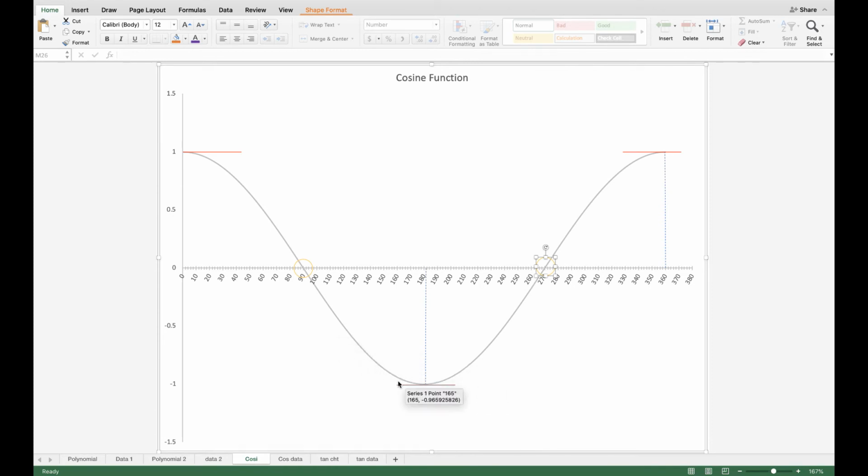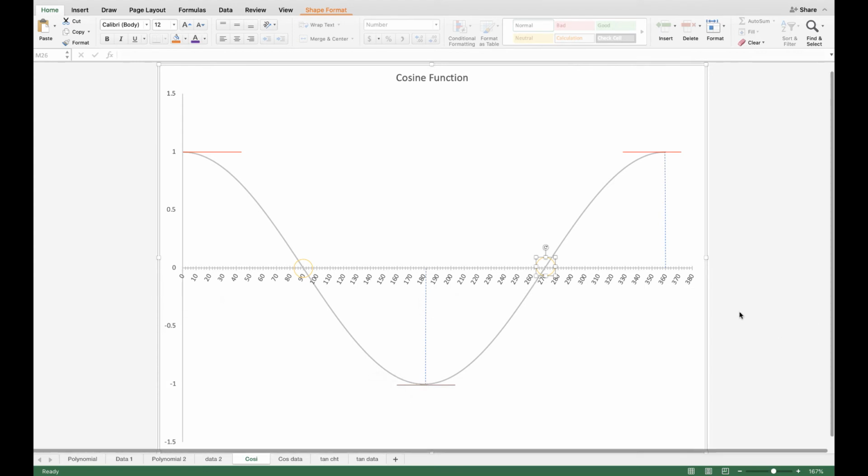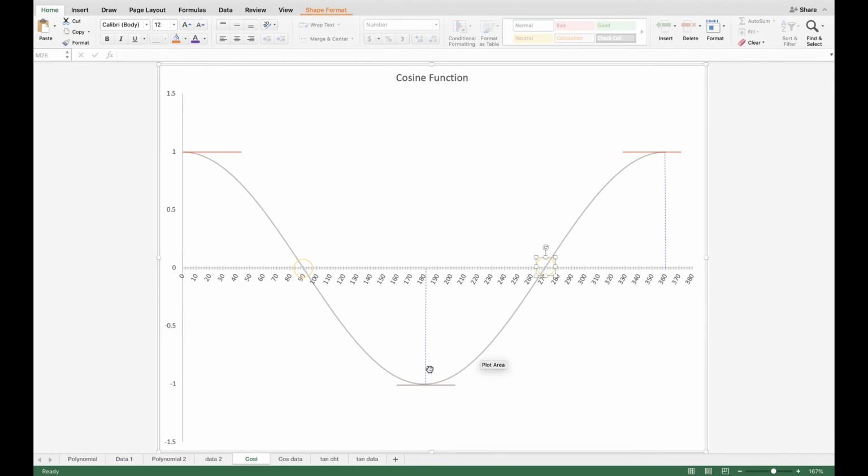That means at the extrema, where the sine function is 0 at 180 degrees, is a minimum on this interval from 0 to 360 degrees. This is our absolute minimum, and that's going to be a value of 1. The inflection points are at 90 and 270 degrees.